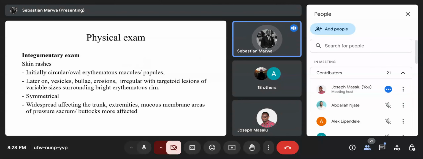So in the integumentary system exam, our patient had circular to oval erythematous macules, also papules.